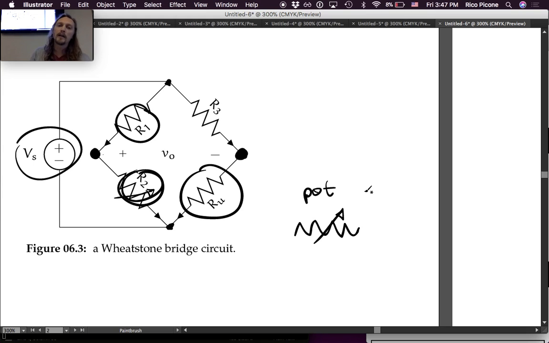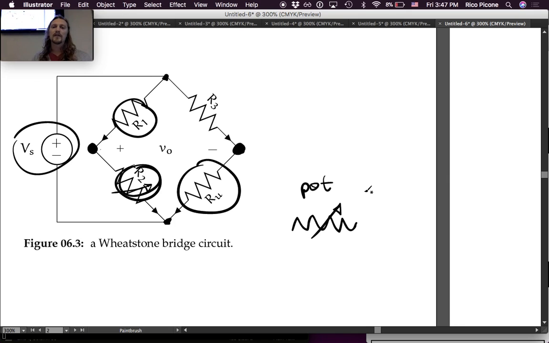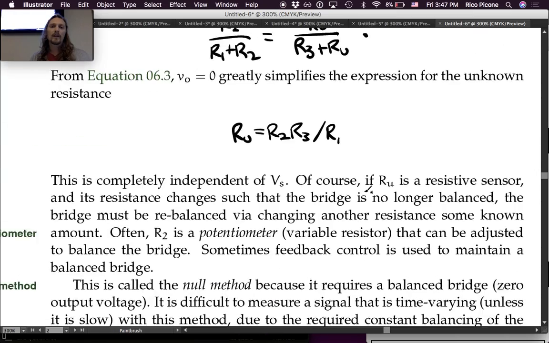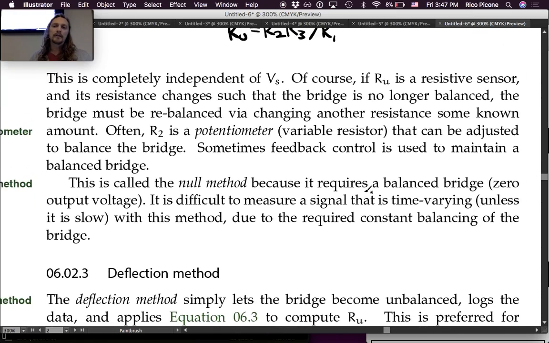Or, like in the lab, we have these digital potentiometers, and you can change them using a microcontroller. So you can tell it, okay, change to this resistance or that resistance, and it will. Sometimes feedback control is used to maintain a balanced bridge.